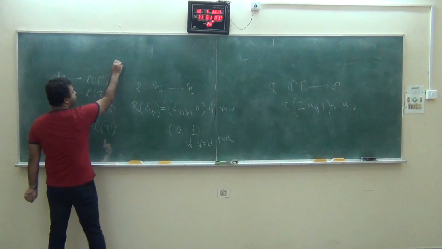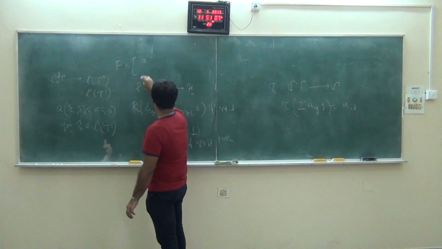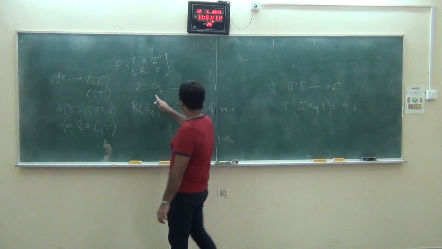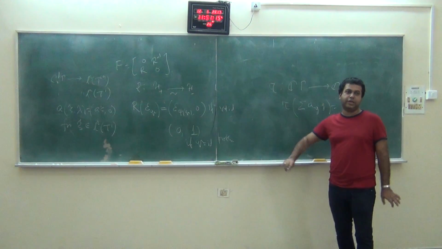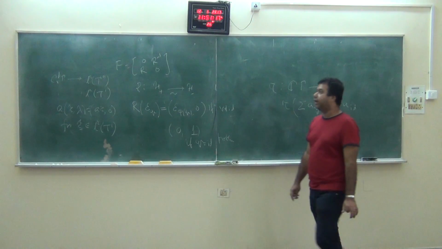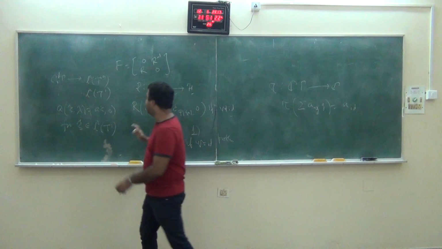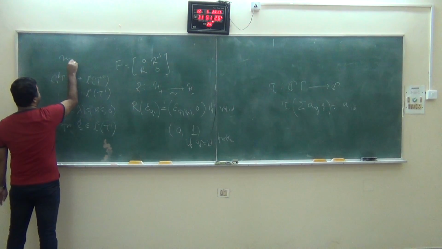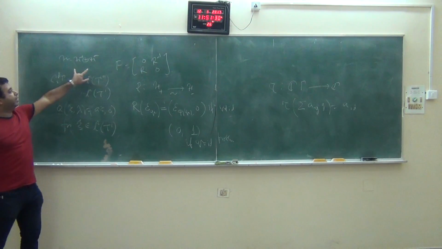Then comes the verification. First of all, I write down my A as 0, R inverse 0. So this is a unitary equivalence. Therefore, I write my F like this. I have already got my H, which is H plus direct sum H minus. That already gives the grading.